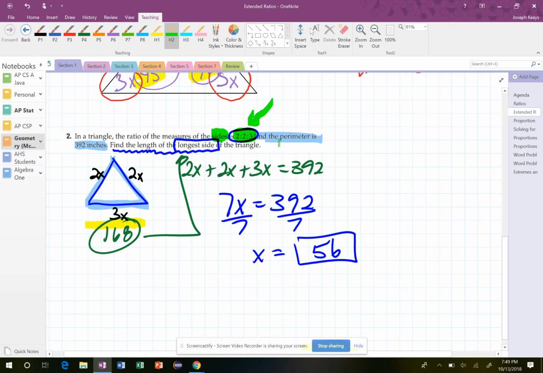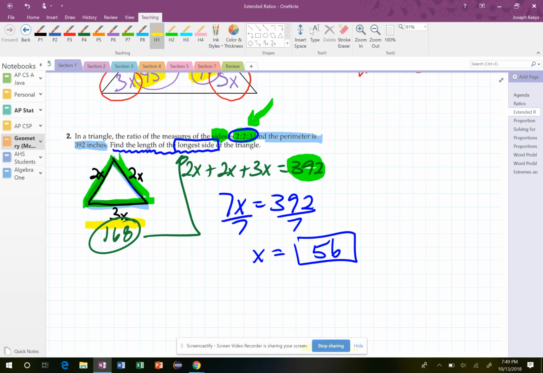So they also tell us the perimeter is 392 inches. So the perimeter of this triangle has an extended ratio of 2 to 2 to 3. So I put 2x, 2x, and 3x representing those mysterious sides. And I know all together, all three sides, their perimeter is adding up to 392.